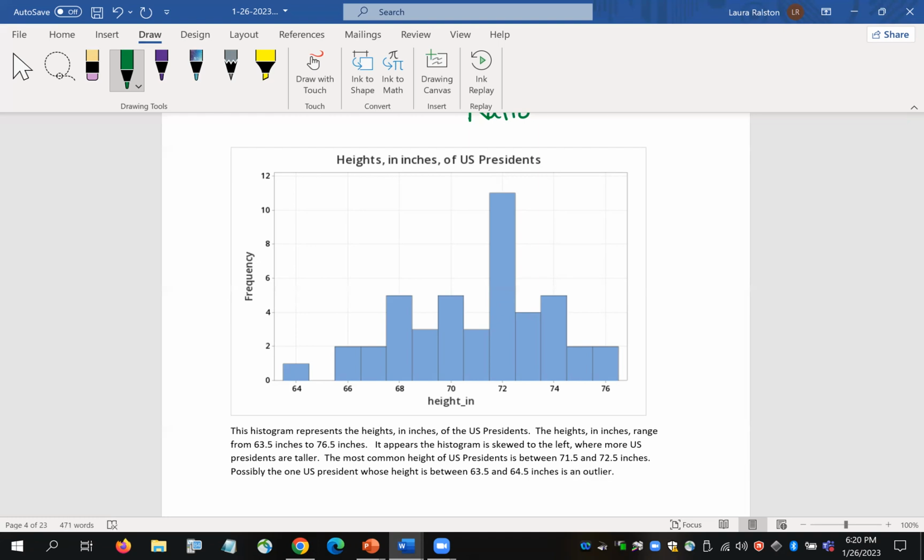We haven't verified that. We haven't confirmed that, but it is possible. And again, then you can make any other observations that you maybe find unusual or odd. Okay, so you kind of tell what the histogram is telling you. Questions on that piece before I move on?